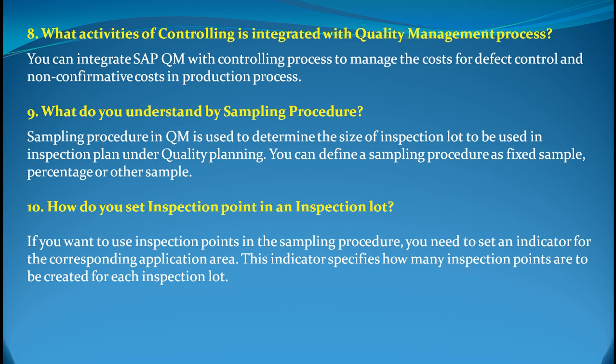So here you would basically have to set indicators for the corresponding application area, and these indicators show us how many inspection points are to be created for every inspection lot, right? So these are the first set of questions for SAP QM.